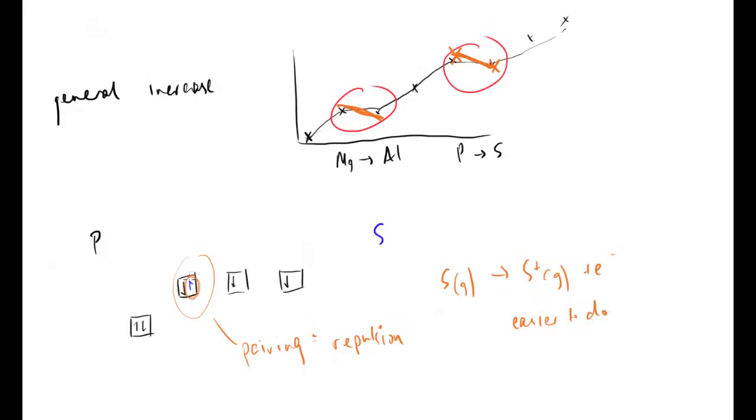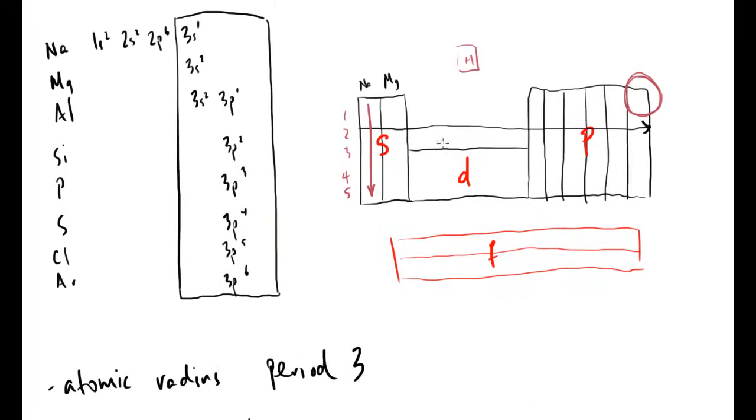Do be aware at this point that although I'm talking about period 3, there's nothing to say that in the other periods you couldn't be asked a question in relation to, I think, nitrogen and oxygen instead of phosphorus and sulfur, or beryllium and boron as opposed to magnesium and aluminium. And the same trends are true.